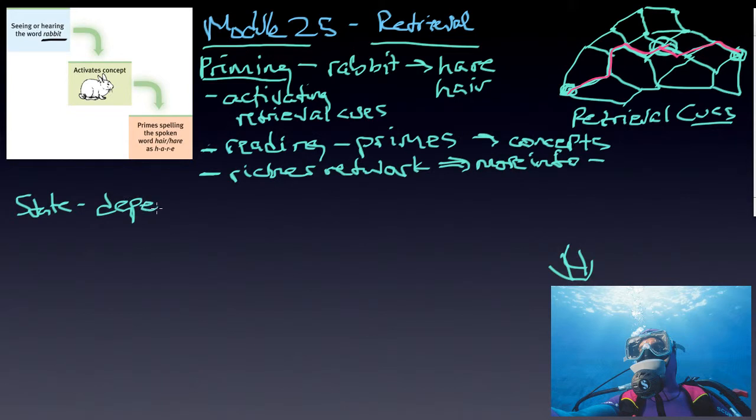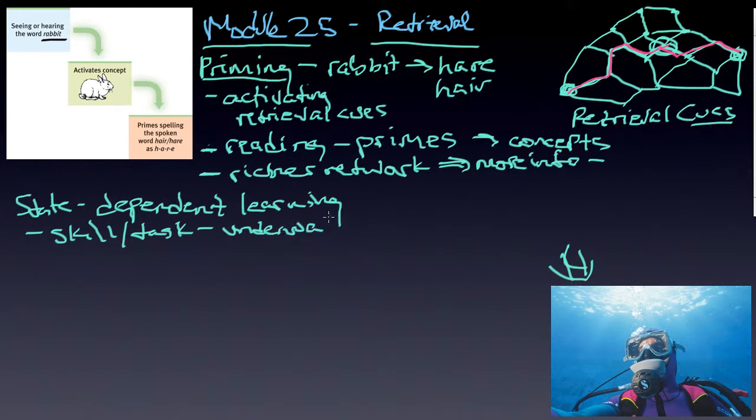In state-dependent learning, what was fascinating, and how we discovered this, is that researchers took a group of scuba divers underwater and taught them a skill or a task, and they learned it and did it proficiently underwater.